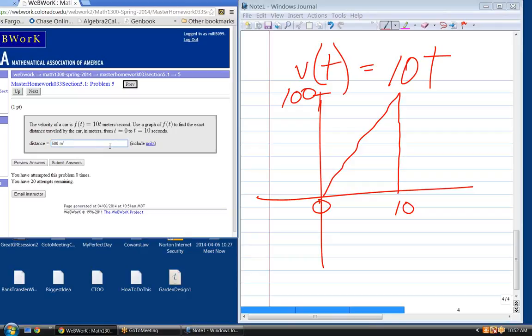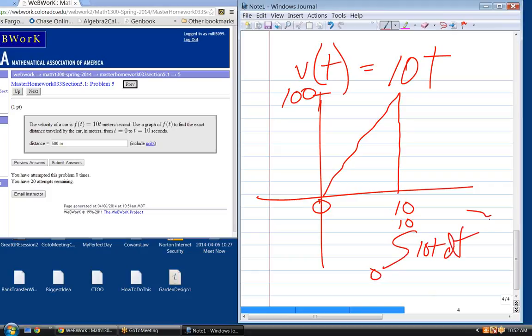The area is 1/2 base times height, so 10 times 100 divided by 2, 500. Now, if we wanted to do this by calculus, it would be the integral from 0 to 10 of this function dt. There's the calculus method of doing it. We can still use geometry here because they gave us a linear velocity function. But could I solve that integral? Sure.